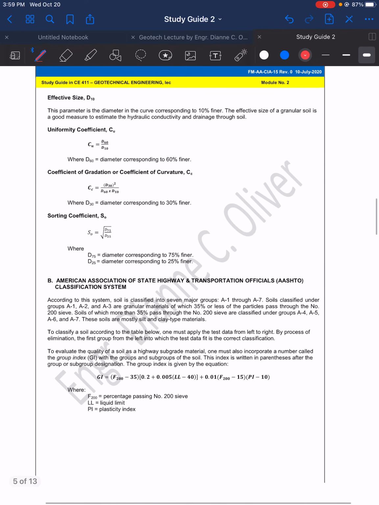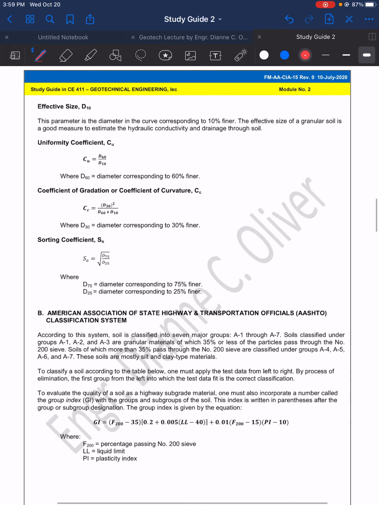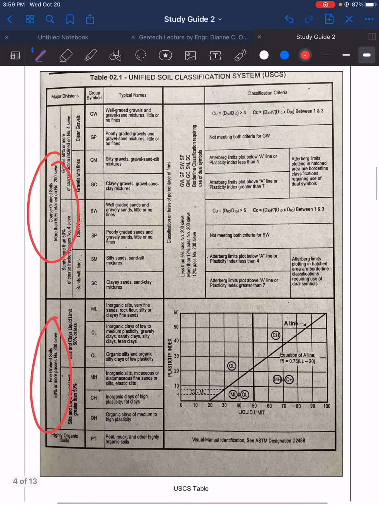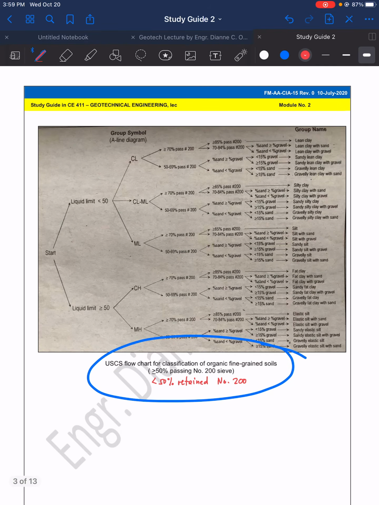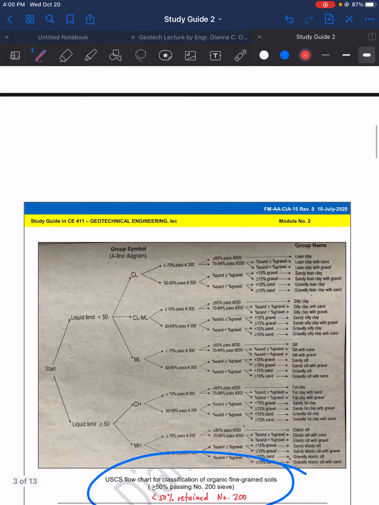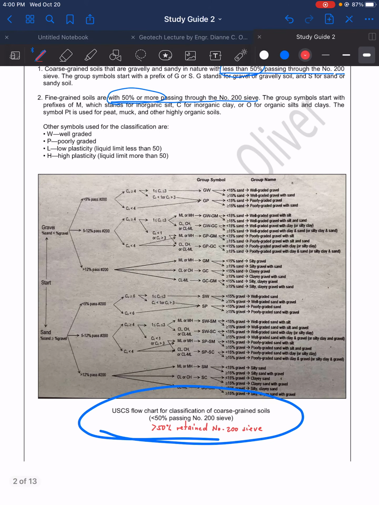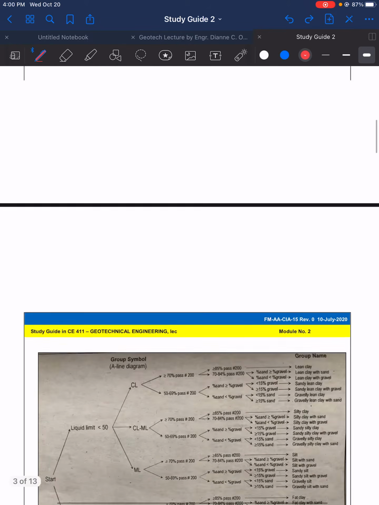There are also parameters needed, as you observe from this table and the flow chart. From the flow chart, we need to solve for the CU and the CC, the C sub U and the C sub C. How do we solve for the CU and CC?